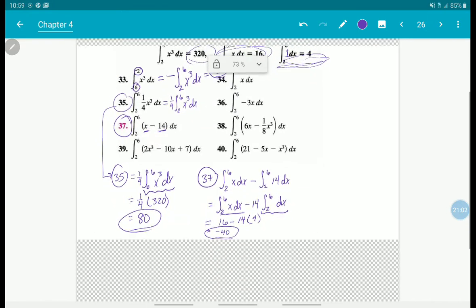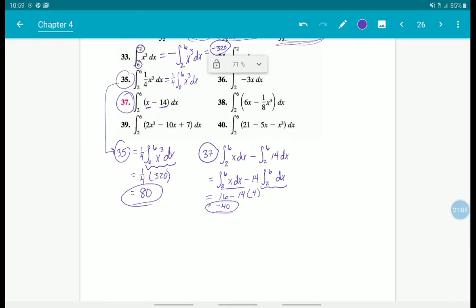Let's look at the next one, 39. So we can split this up, integrate each piece separately. So we have the integral of 2x cubed dx minus the integral of 10x dx from 2 to 6 plus the integral of 7 dx from 2 to 6. And we're using that property that says we can pull the constants out.